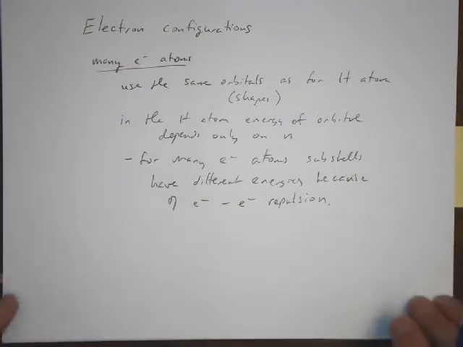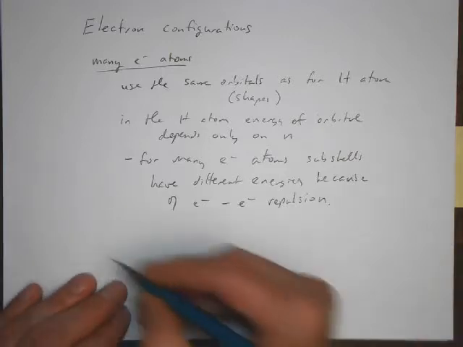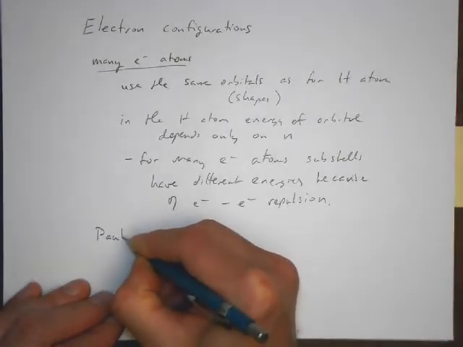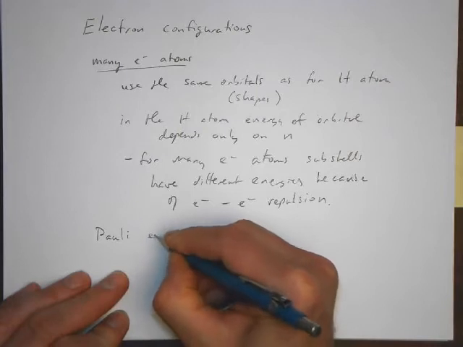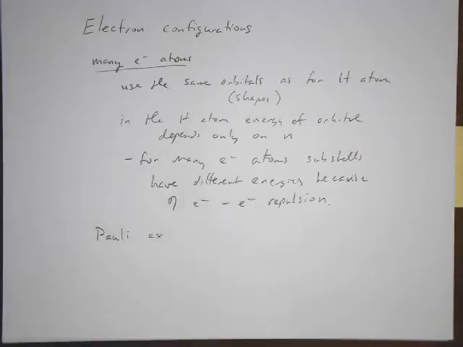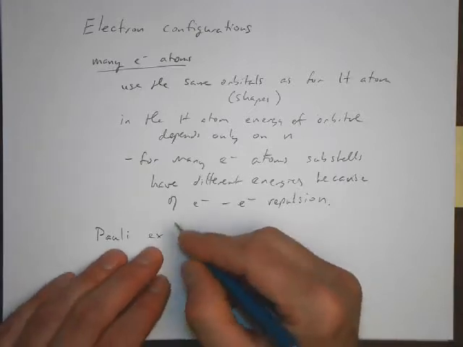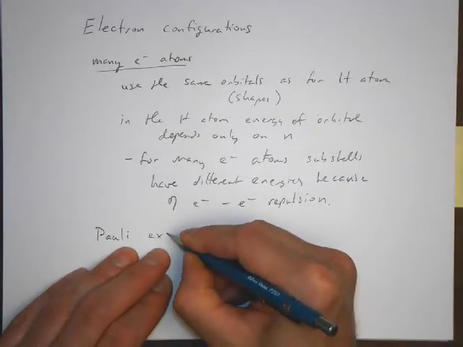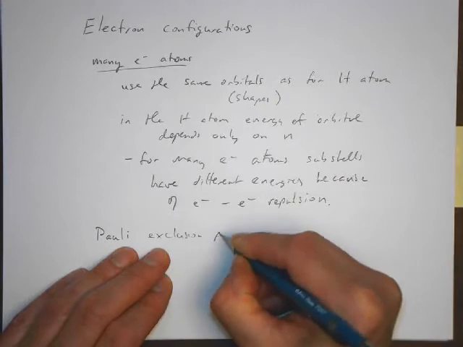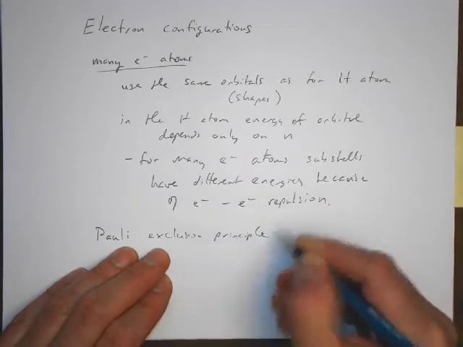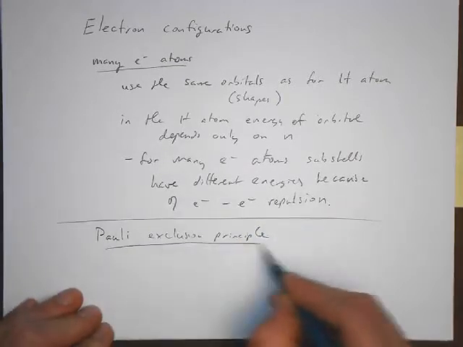All right, now there's something that I alluded to last time, and that is that an orbital can hold at most 2 electrons, but only if they have opposite spins. And this is called the Pauli exclusion principle.